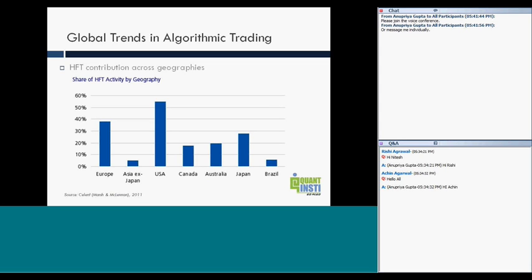But with the advent of algorithmic trading, there is a new pillar that has come into the picture, which is technology. Technology both on the hardware and networking side, as well as on the software, that is the programming side. So now technology plays a huge role in the success of organizations.